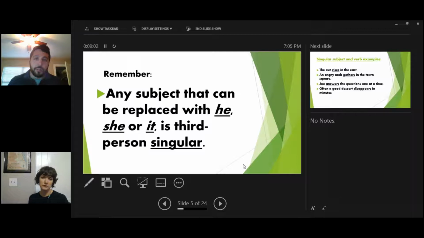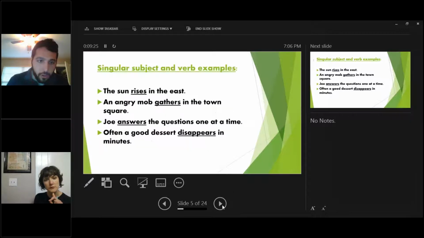A dog is one dog, singular subject, singular noun, and runs. It's not the dog run, it's the dog runs with an S on the end of the verb. That's a singular subject and a singular verb agreeing with each other to form a correctly formed sentence. So here are a few examples.